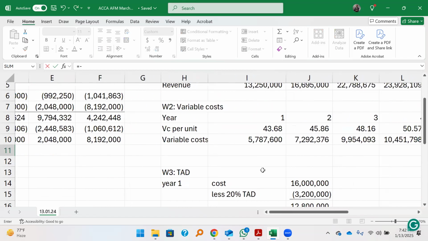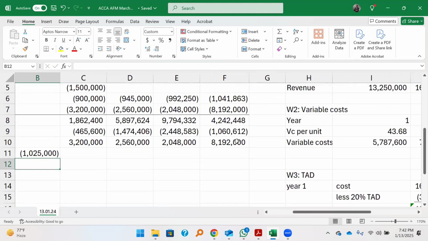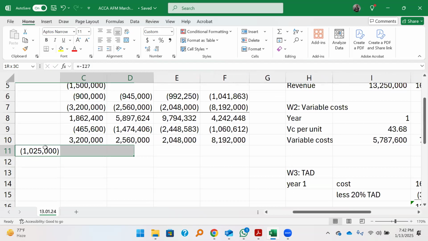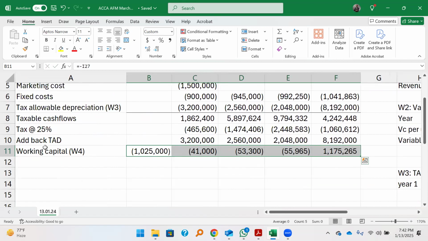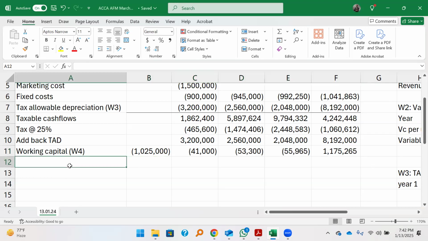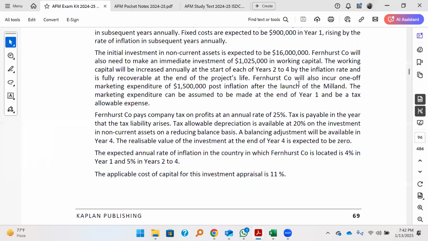So you bring your working capital, 1.025. Then make sure that it adds up to 0 on that line. So after that, then you can now bring in the initial investment, which is 16 million.